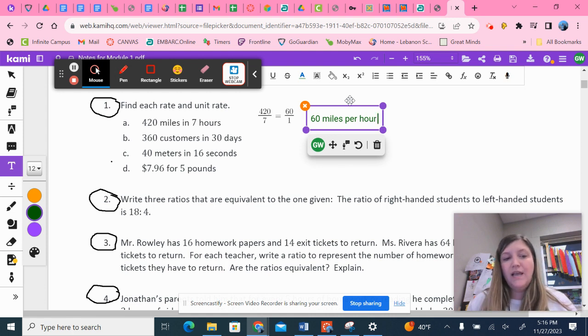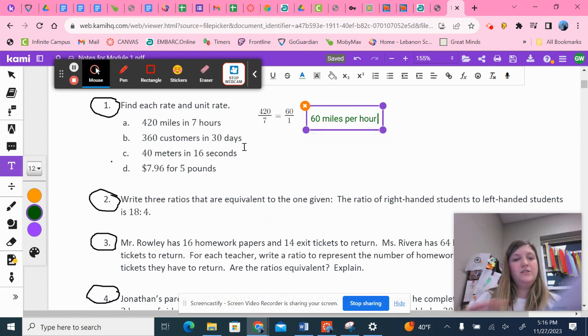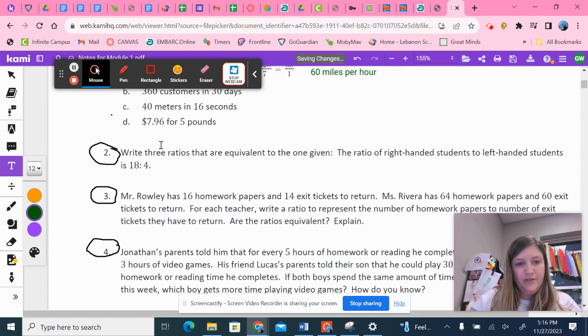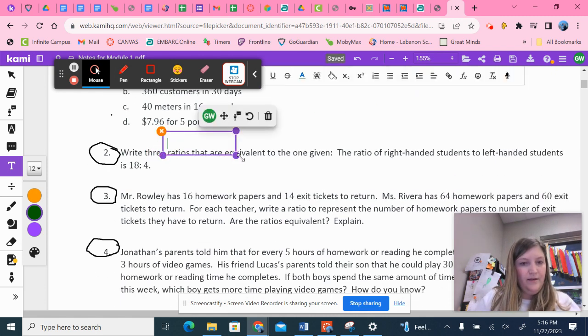I want you to do the same thing for B, C, and D. For each of these questions, we can find the answer to number 1, how we did number 1, on the very front page. So page 1. Okay, for number 2, that was on the middle of page 2.